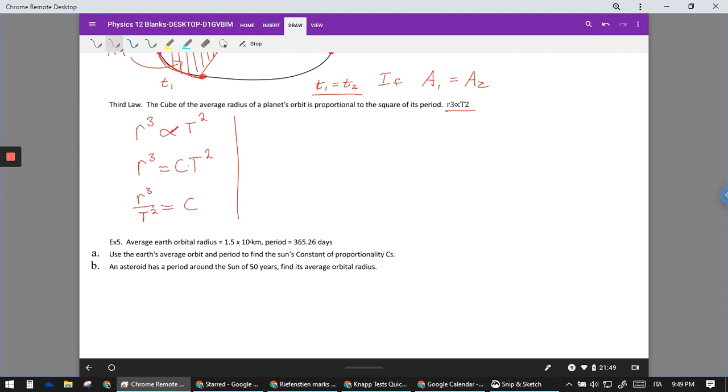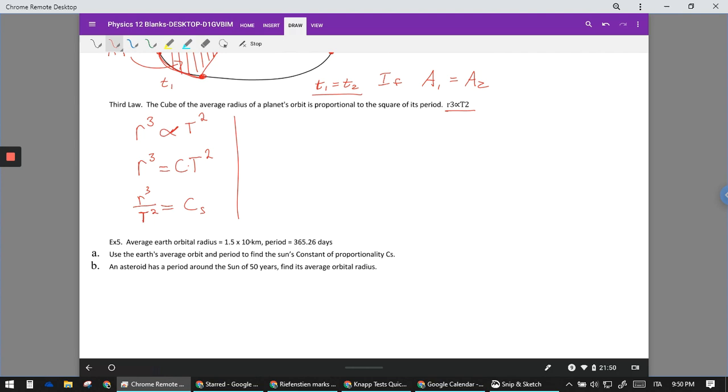It basically just means that for the sun, for example, every planet or even every piece of dust, any satellite or asteroid that rotates around the sun, if it's trapped in a successful orbit, then the average distance from the sun, which is r, and the period it takes to complete a revolution, they respect this ratio.